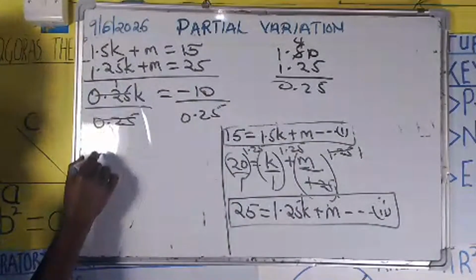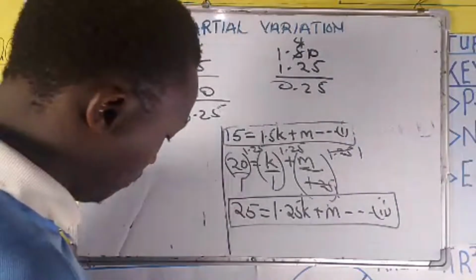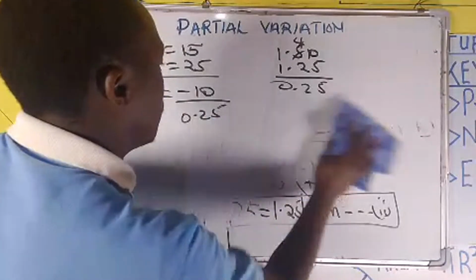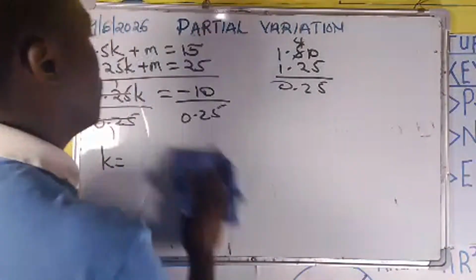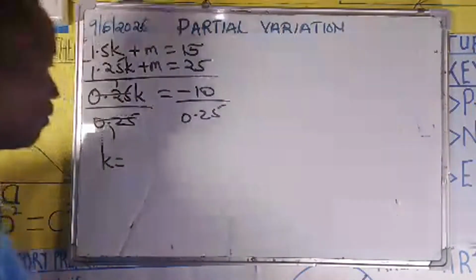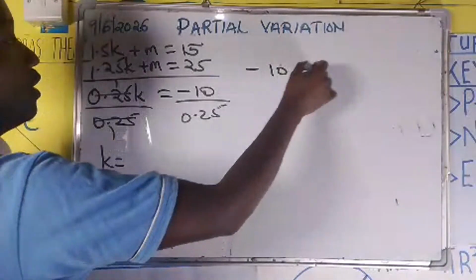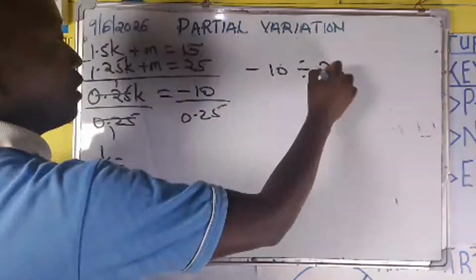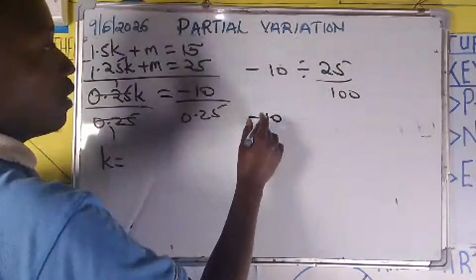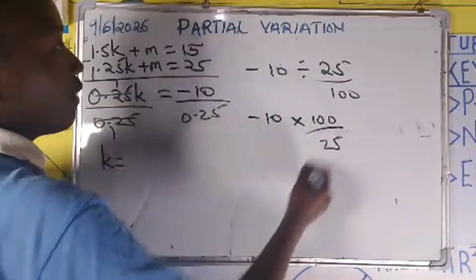So we will get our k is equal to negative 10 divided by 0.25, which is the same as 25 over 100. So that will be negative 10 times 100 over 25.